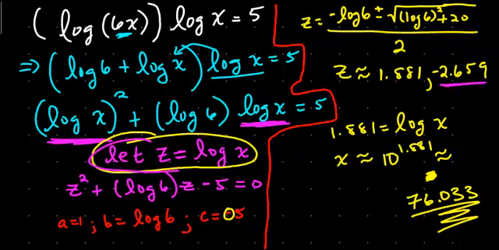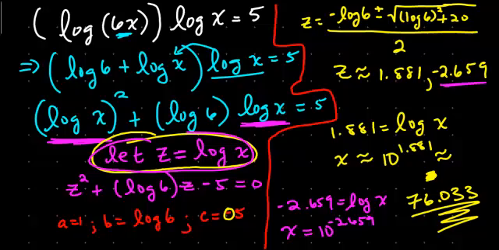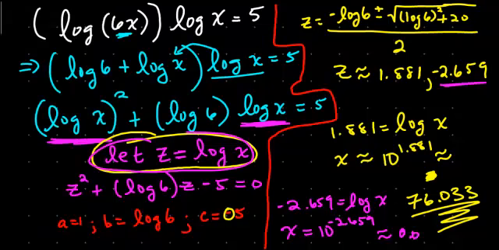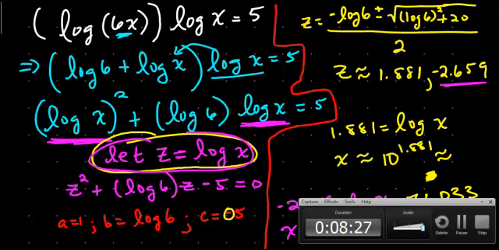That's going to tell me that negative 2.659 equals log of x, and that's going to give me that x equals 10 raised to the negative 2.659, which is about 0.002.